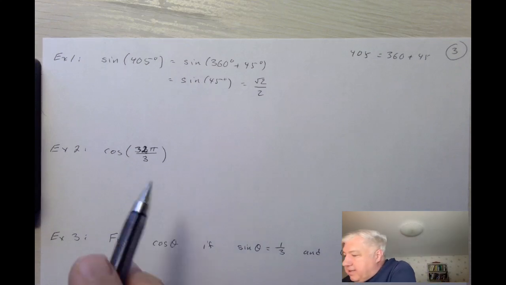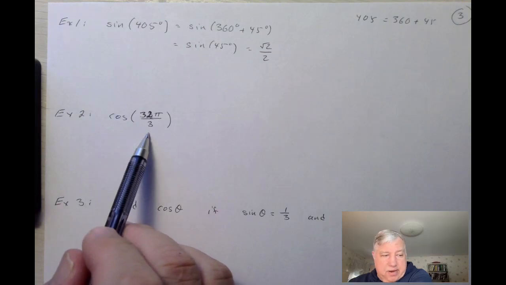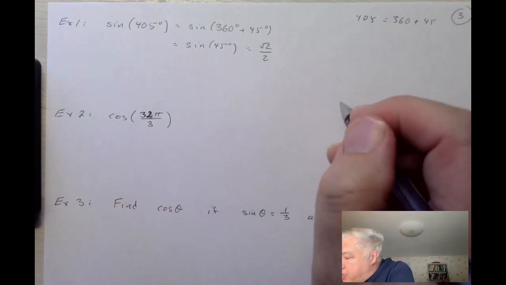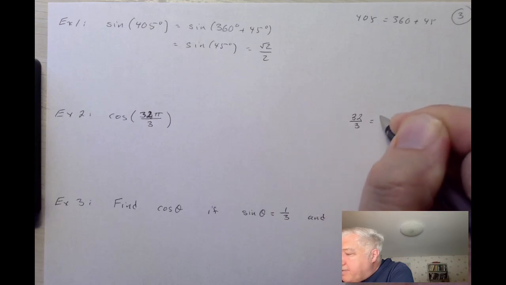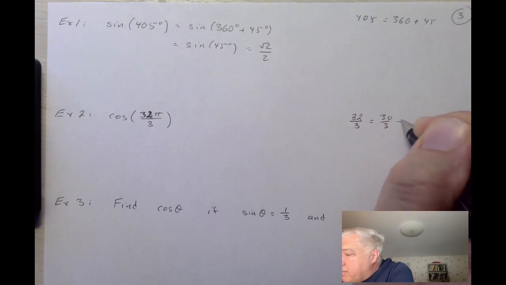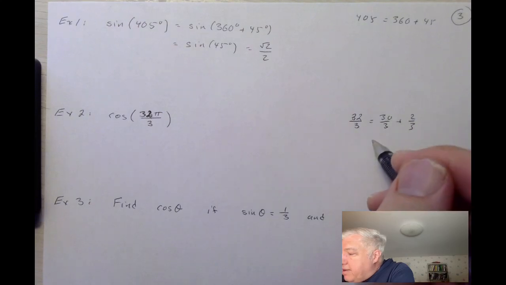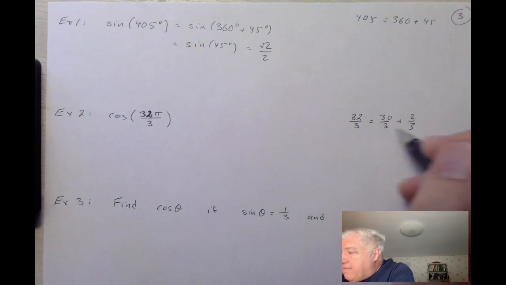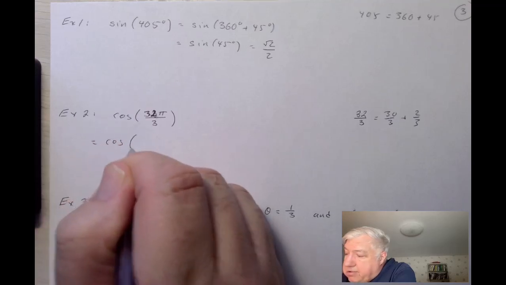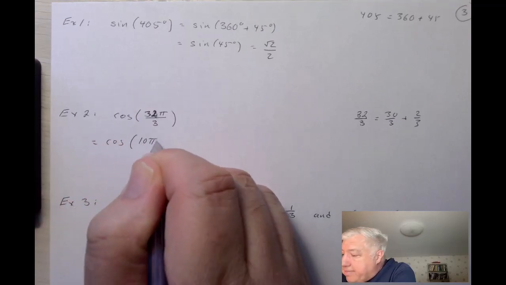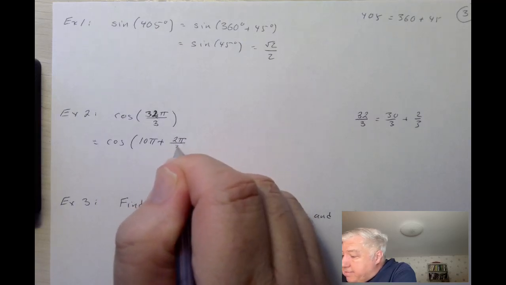Let's look at this. Hopefully you can read it. I meant to say 32 pi over 3. 32 over 3 can be written as 30 over 3 plus 2/3, right? So this is the same thing as 10 plus 2/3. So this can be written as the cosine of 10 pi plus 2 pi over 3.